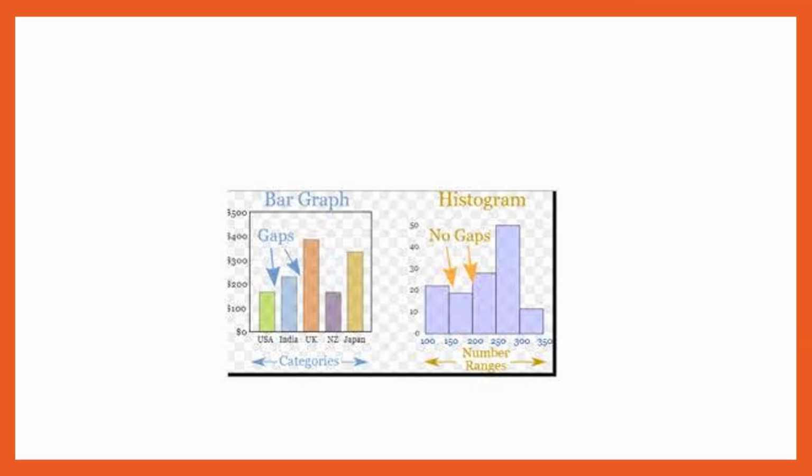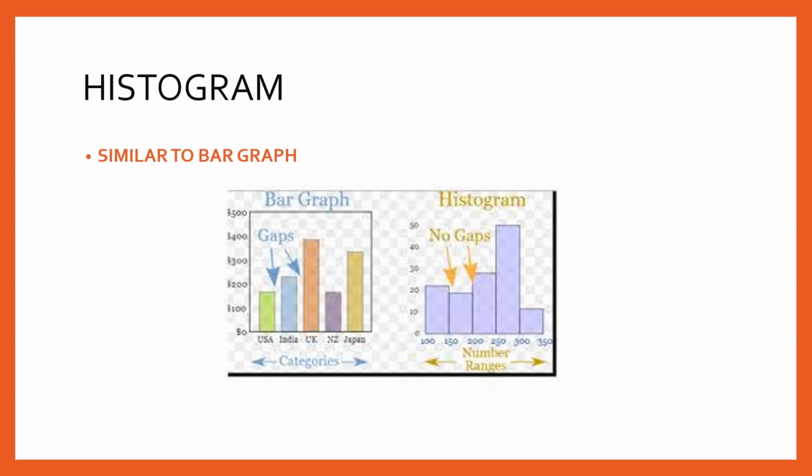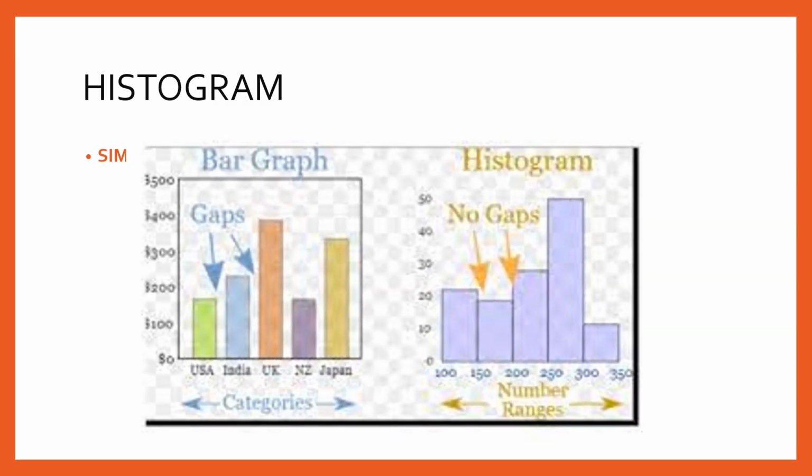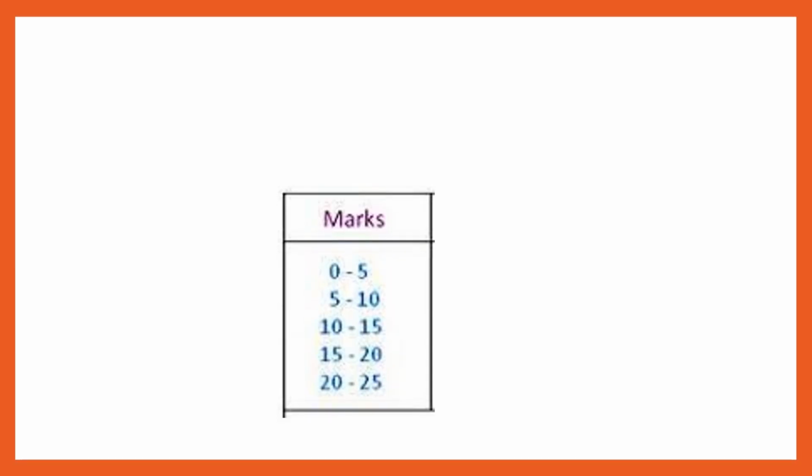Then those frequencies are plotted on graph paper. It is similar to a bar graph, by which one can take decisions on which area we need to tackle. That is the way the histogram goes.